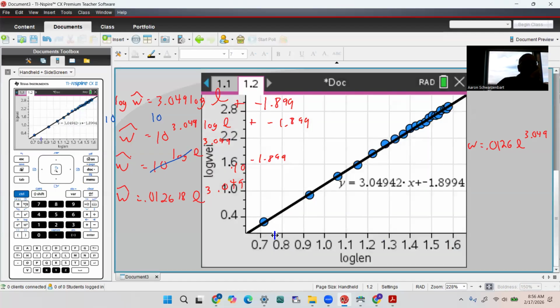Yours is grayed out. Have you made the regression line yet? You have to make the regression line before it will show the residuals. That's a good question.